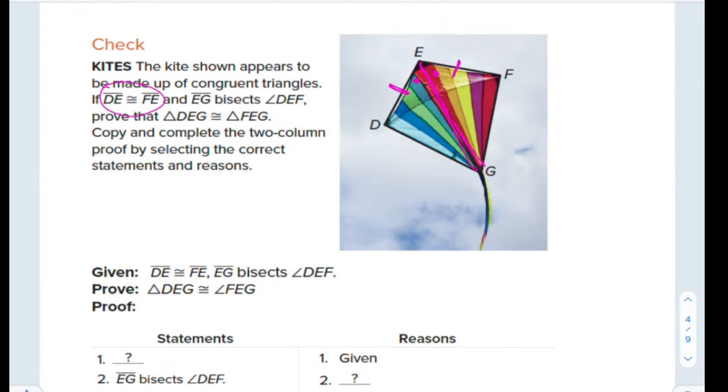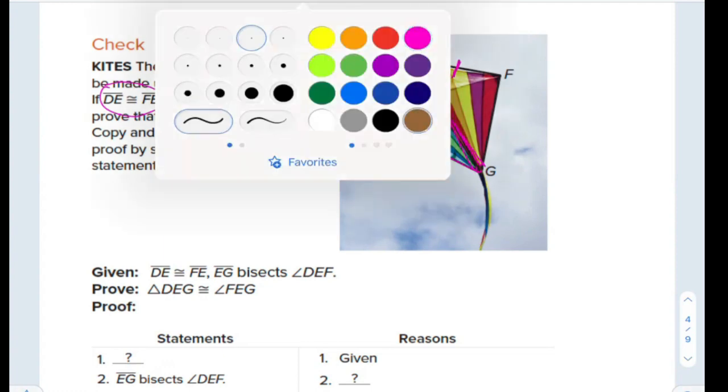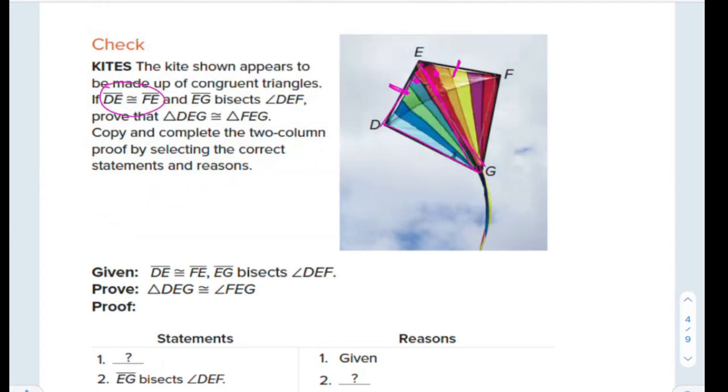Prove that triangle DEG, the one we have here, the triangle to the left, is congruent to triangle EGF, the triangle to the right. So we are looking for sides and angles if available here. What do we have here?